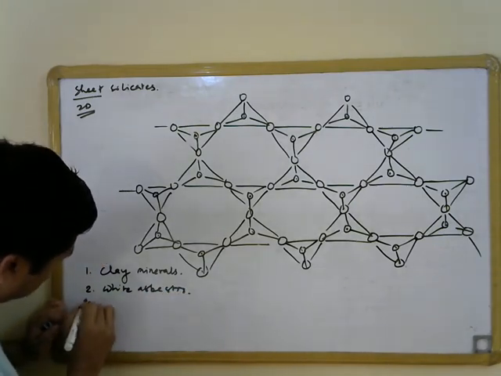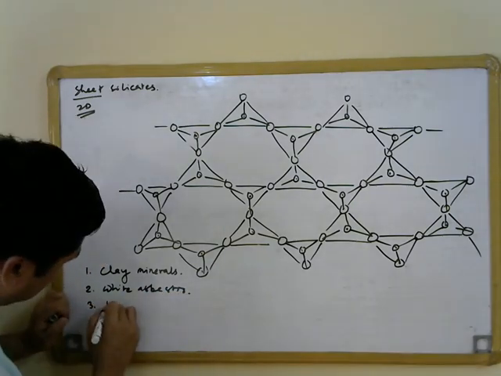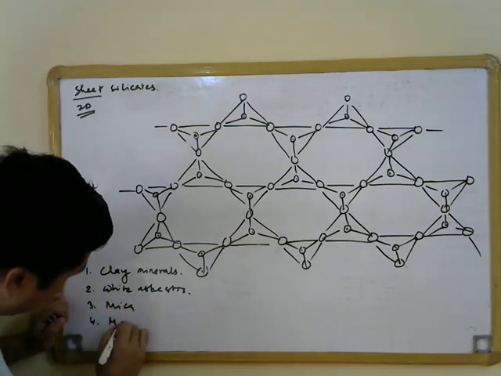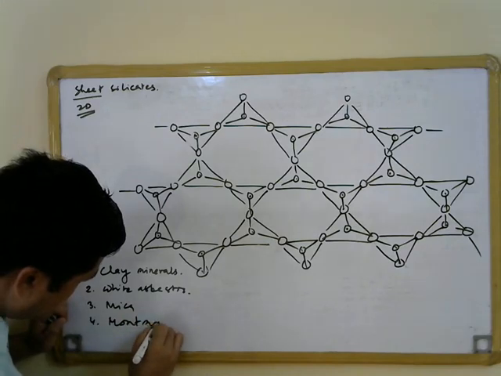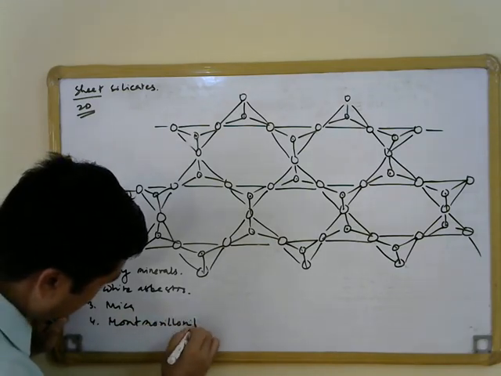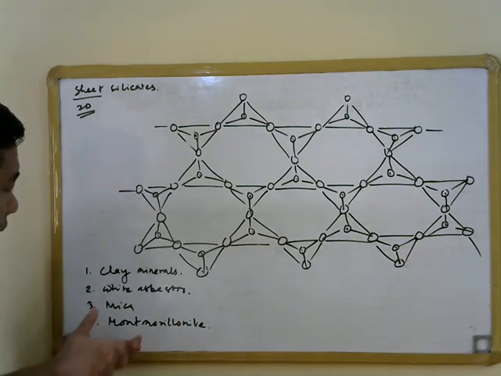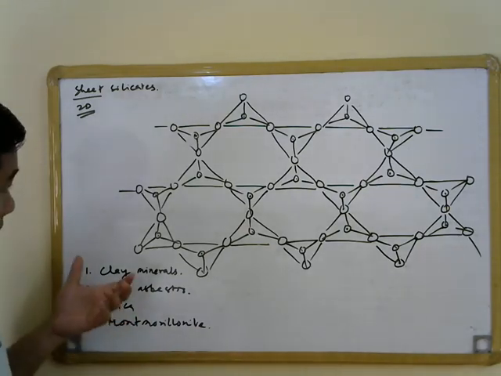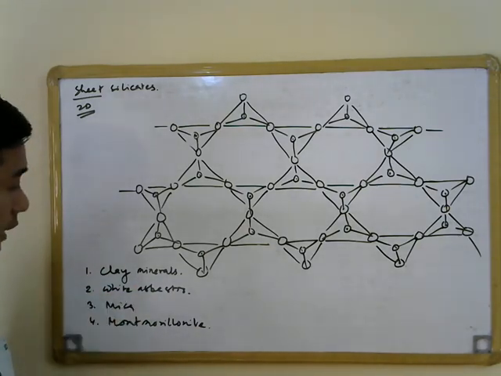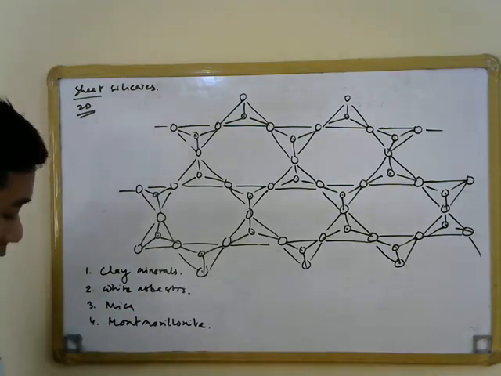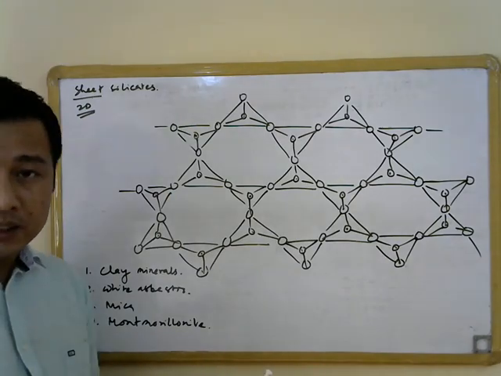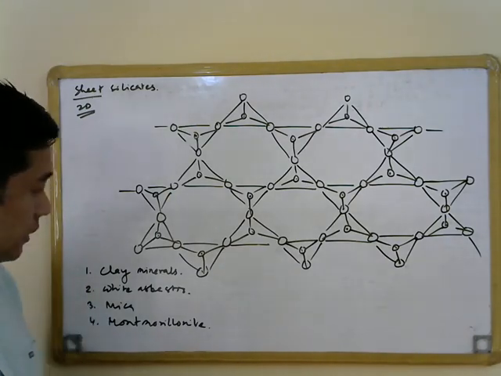Then we have mica, and number 4 is montmorillonite. So these are the 4 different classes of sheet silicates, which have different structures because the number of sheets that are stacked together are different in all of these.